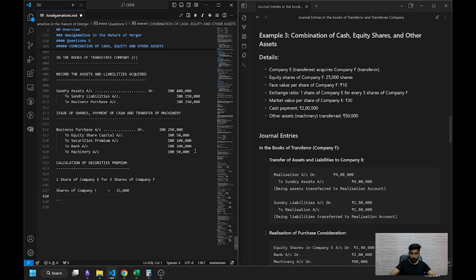And the shares of company E will be 25,000 divided by 5. This will be equal to 5,000.